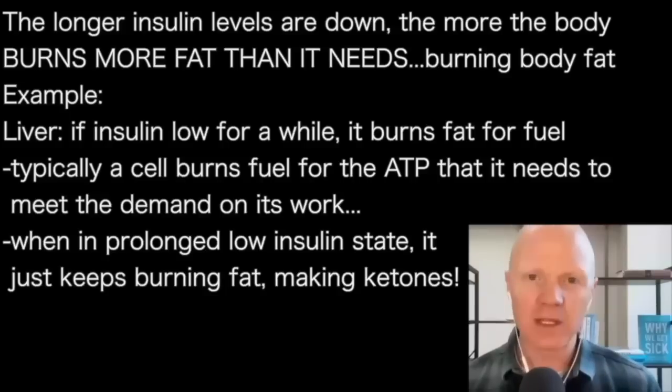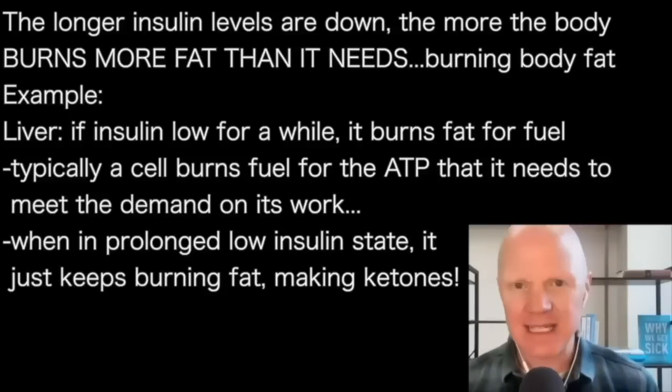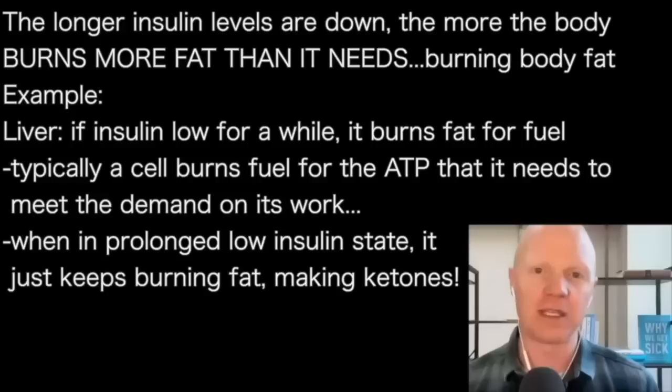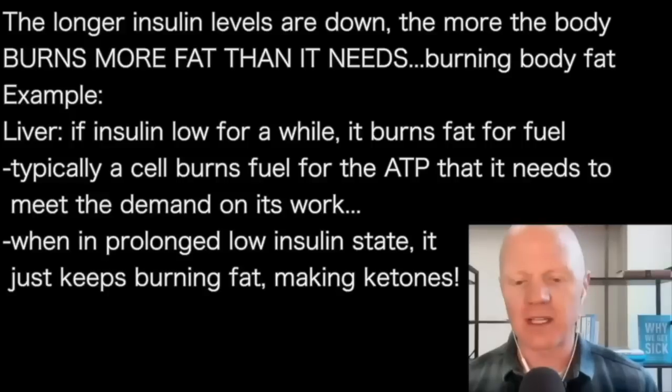Normally, a cell will burn as much energy as it needs, ATP. I'm getting a little bit off topic here, but to say that another way, the cell will burn as much energy as it needs to do work. So the cell has a certain work demand, and it will burn enough energy to meet that demand.